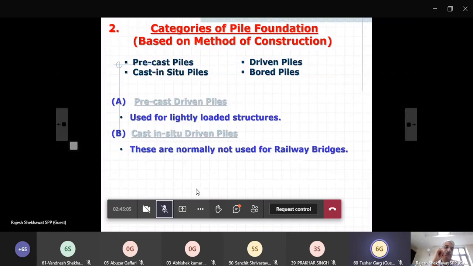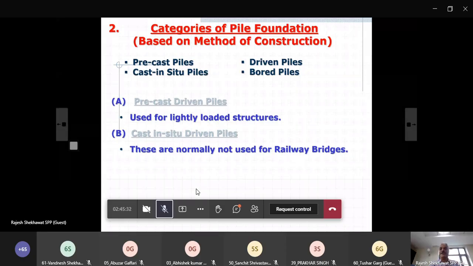Number one, if your pile is very, very deep, maybe more than 15-20 meters, it will be very difficult to put the full reinforcement. So when your required pile capacity is more, these piles may not give you that capacity. Putting the reinforcement in full length will be very difficult. Second thing is, when you push the reinforcement inside with force, there is a chance of the reinforcement getting disturbed.